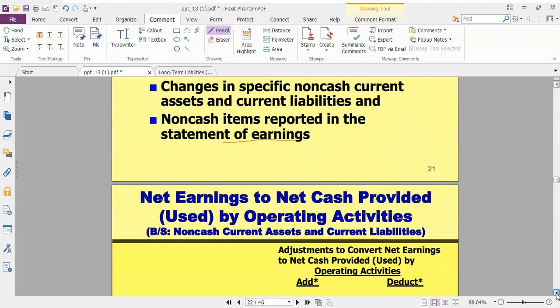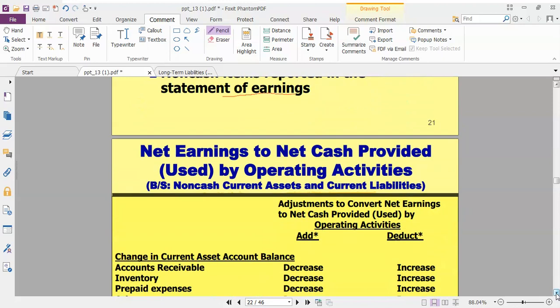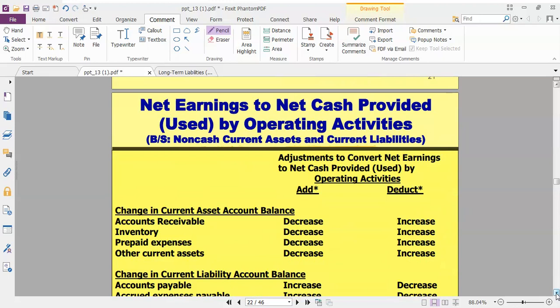Okay, so let's continue. Okay. What are the net non-cash current assets and current liabilities? So here, adjustment to convert net earnings to net cash provided by operating activities. Okay, if the change in the current asset account balance, if the accounts receivable, okay, we look at the, okay, this is the 1, 2, 3, 4.